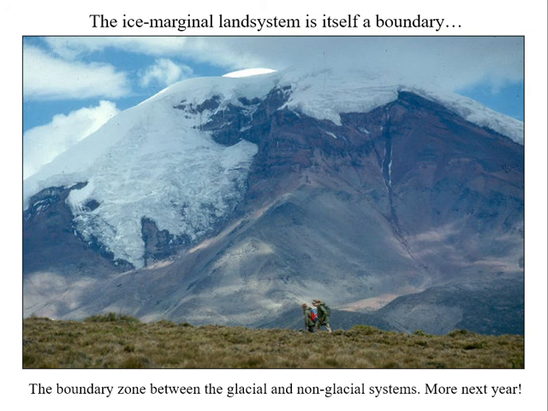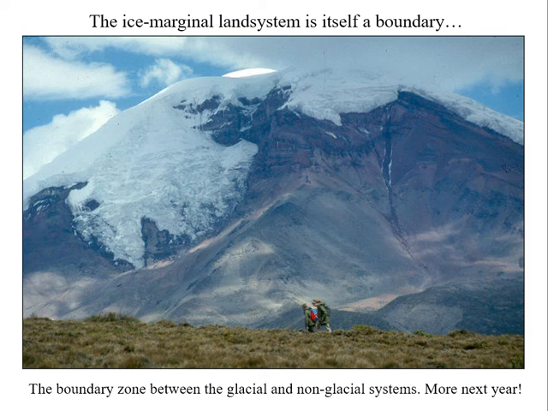And of course, when we're talking about the ice marginal land system and where its boundaries are, it's important to remember that this particular land system is itself a boundary. We're defining the whole land system in terms of it being at the crossover point, at the boundary, at the transition zone, whatever you want to call it, between a glacial environment and a non-glacial environment, the glacier system and the non-glacier system. This picture is obviously from a different location. This is Chimborazo, a volcano in Ecuador, very close to the equator.